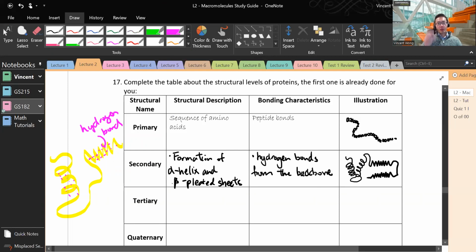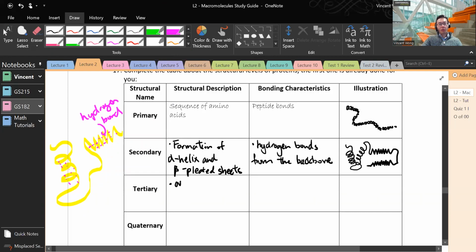Okay, we have the tertiary as well. For the tertiary structure, we are referring to the overall 3D structure, the overall 3D shape, which is also known as the conformation.